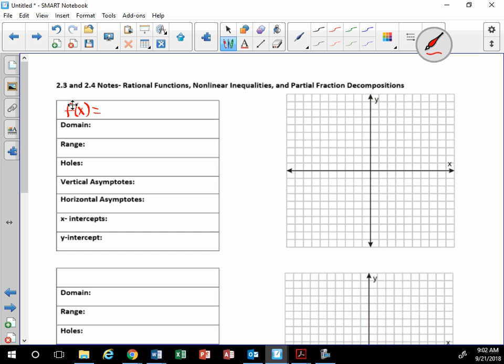Let's do x squared plus 2x minus 1. I'm sorry, minus 3, over x minus 1. This one's kind of weird. Always factor and look for holes before you do anything else.